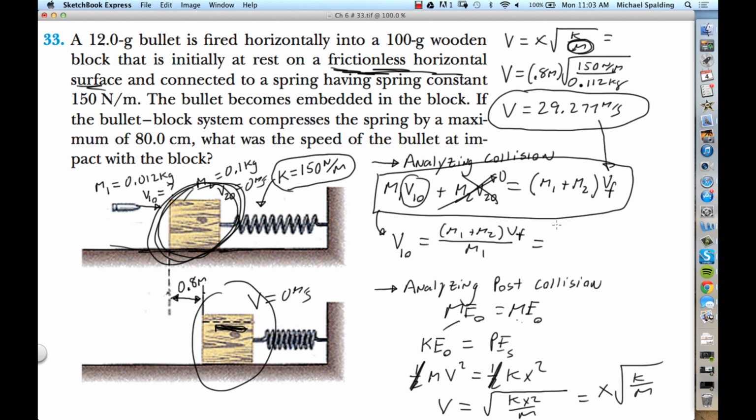So now you come down here, you go 0.112 times 29.277 meters per second, divided by M1, which is 0.012, and you get the answer. The answer comes out as 273 meters per second. That's the initial velocity of the bullet before the collision. So you solved this by analyzing the collision and then analyzing post-collision.